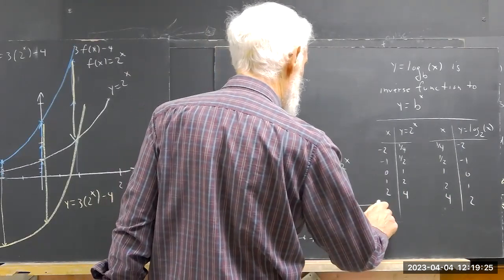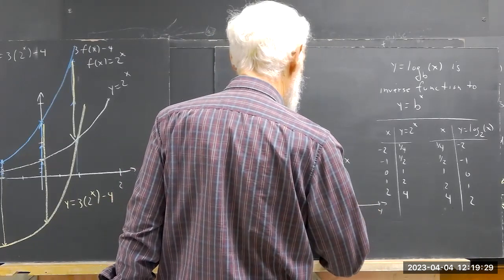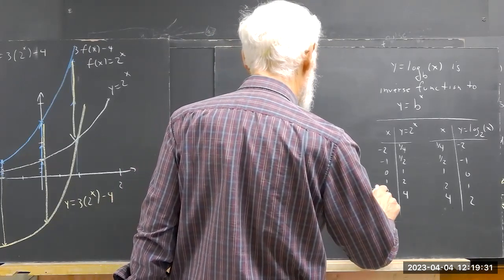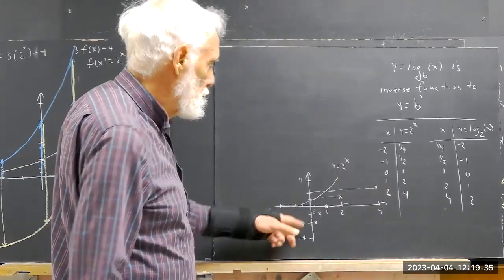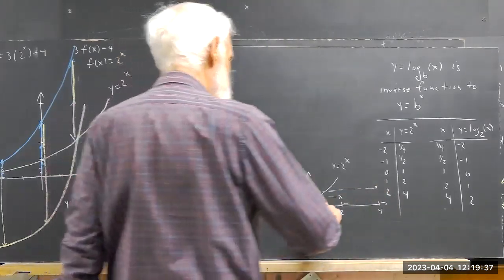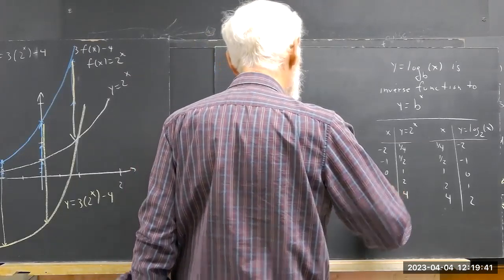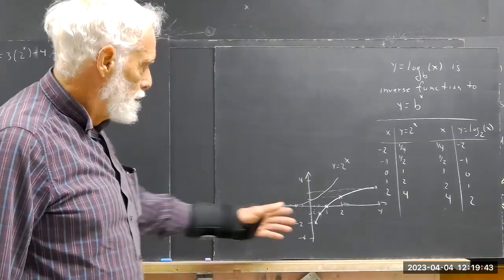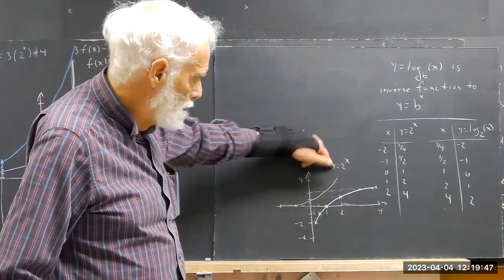So 4 would be on about here. Watch, 2 is about here. So we get a graph through these points. And so this graph is kind of a flipped and rotated graph of this.